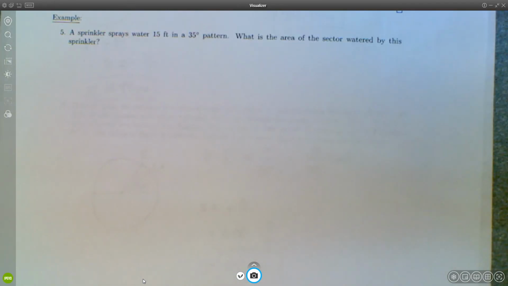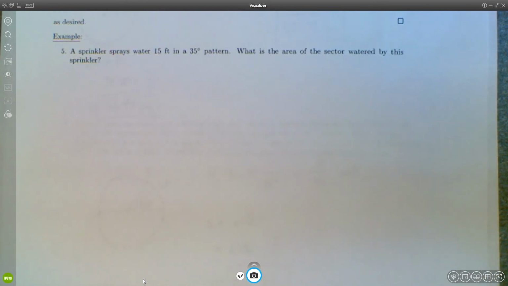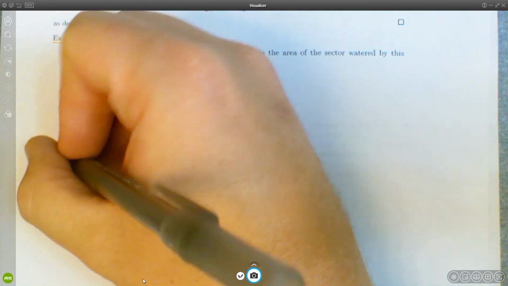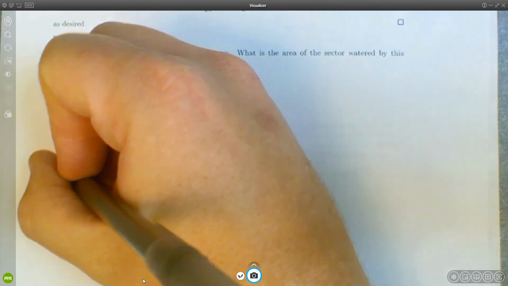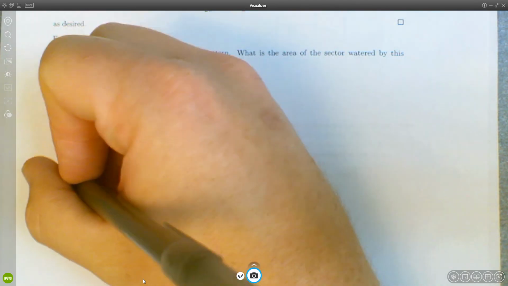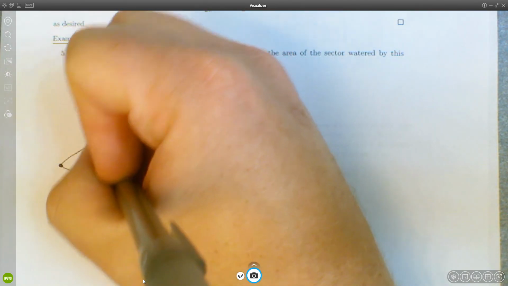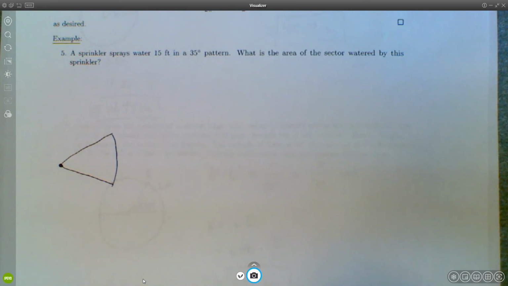So this one says a sprinkler sprays water 15 feet in a 35-degree pattern. What is the area of the sector watered by this sprinkler? Okay, so you've got some sprinkler, I guess, and it waters a certain sector like that, right?